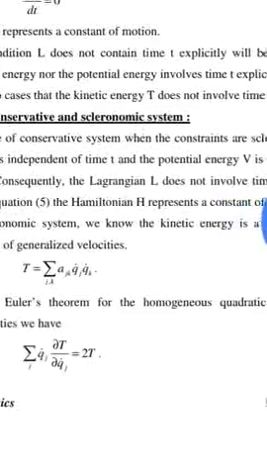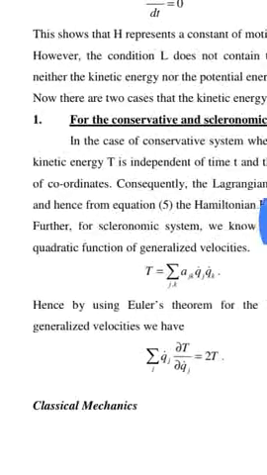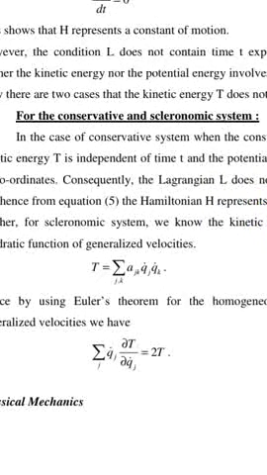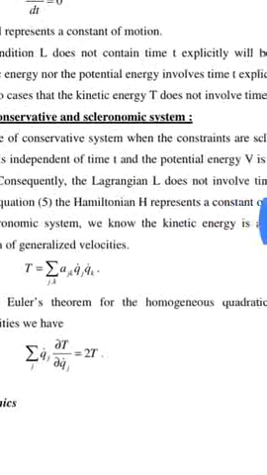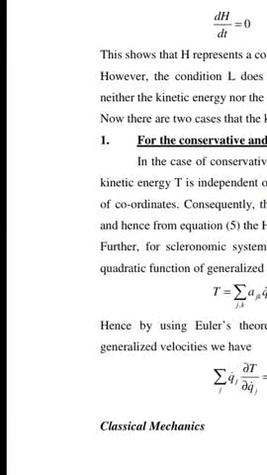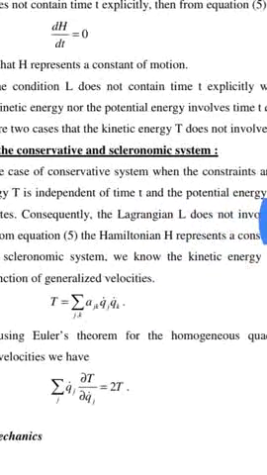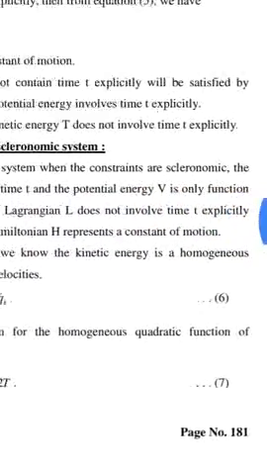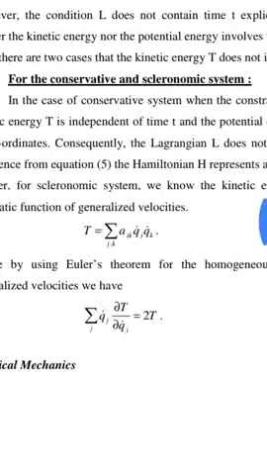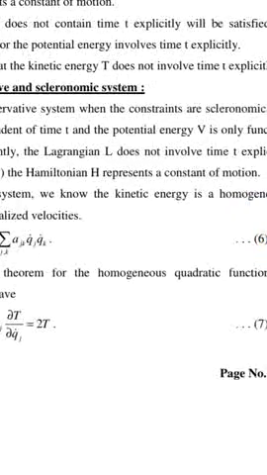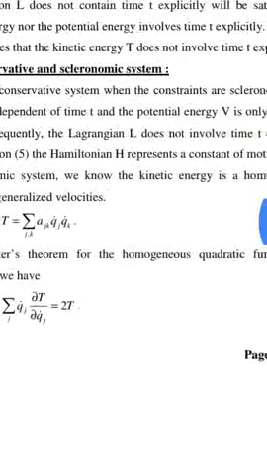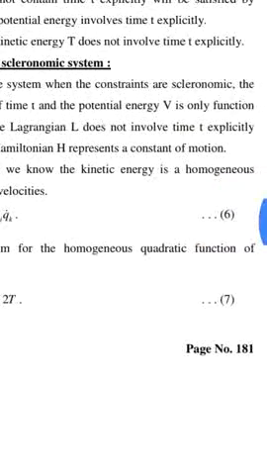For the conservative scleronomic system, the kinetic energy T is independent of time t and the potential energy V is only a function of coordinates. Consequently, the Lagrangian L does not involve time t explicitly, and hence from equation 5 the Hamiltonian H represents a constant of motion.